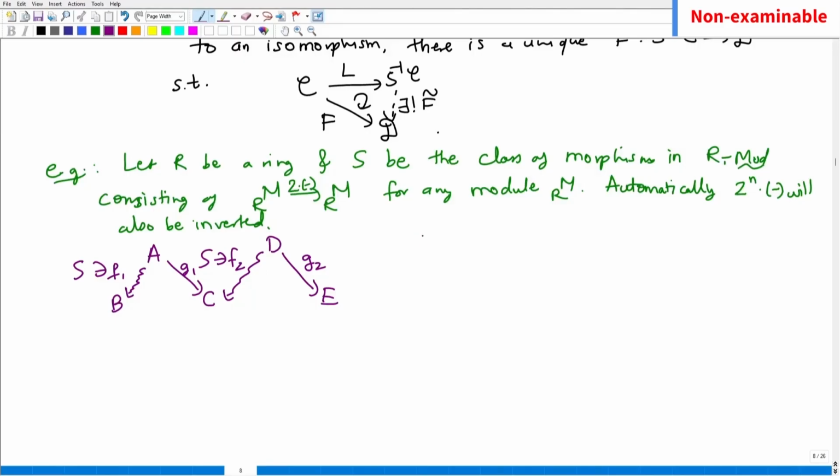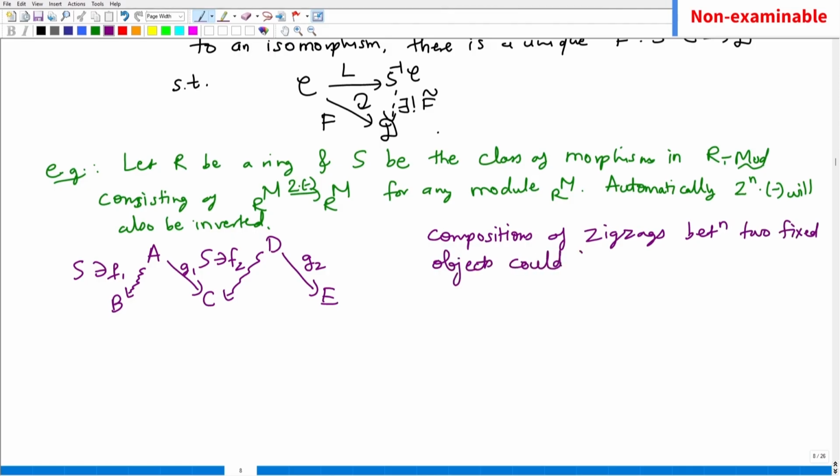So what I am trying to say is that these compositions of zigzags between two fixed objects could form a proper class.